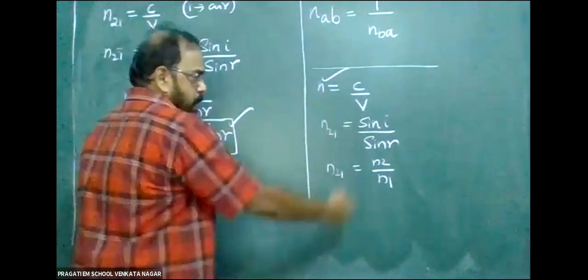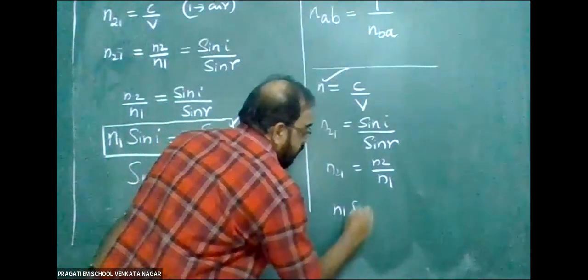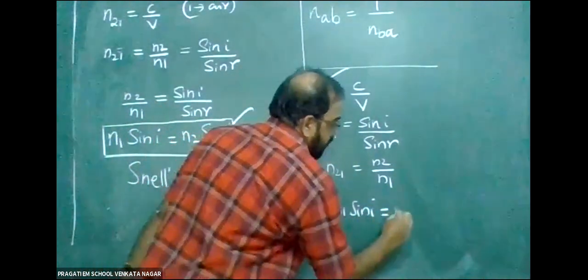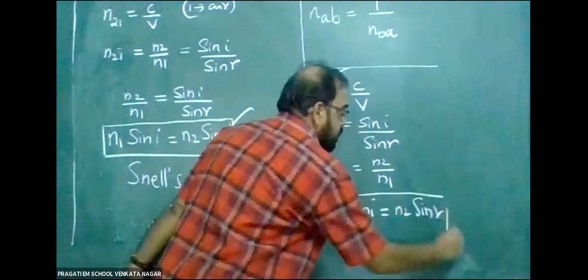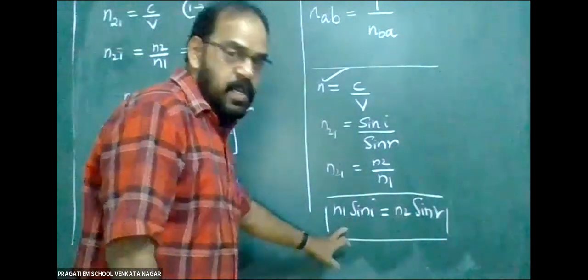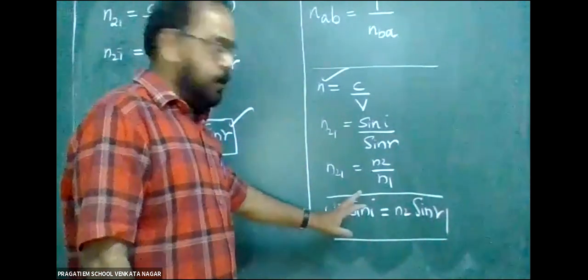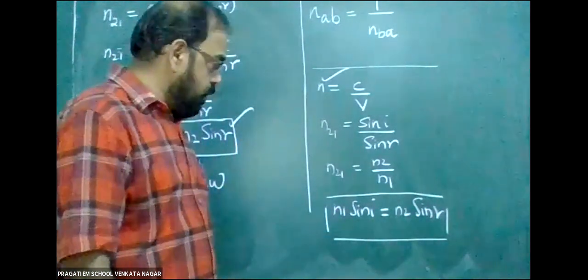By combining these two, we studied N1 sin I is equal to N2 sin R. This is today's class. What is this? This is Snell's law. This is called Snell's law: N1 sin I is equal to N2 sin R.